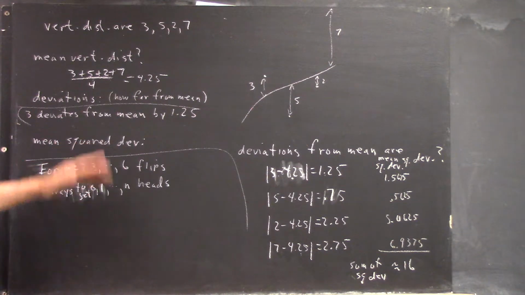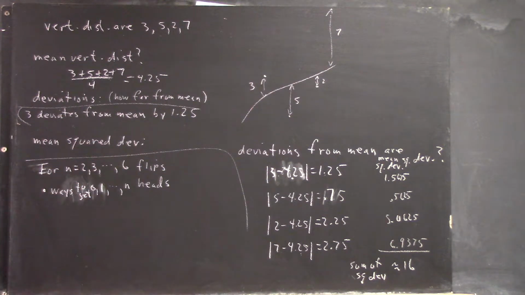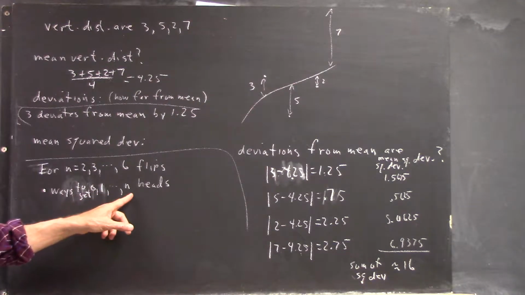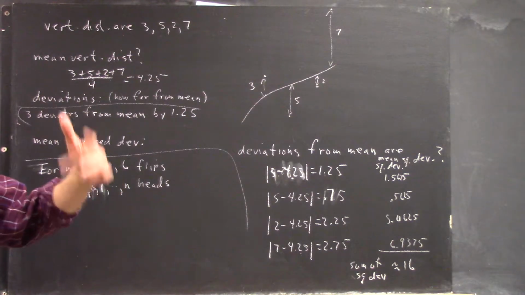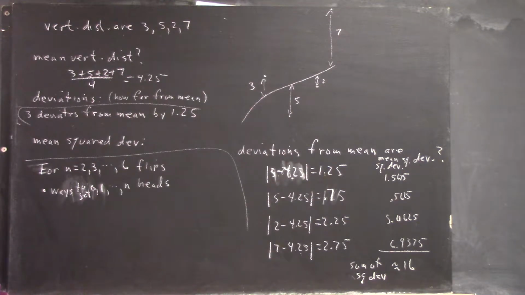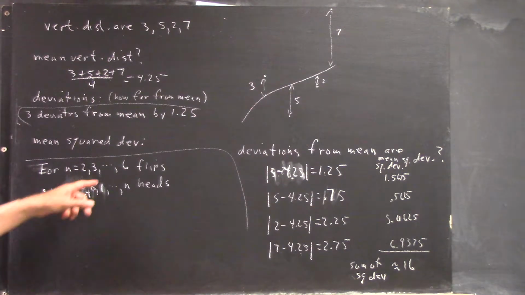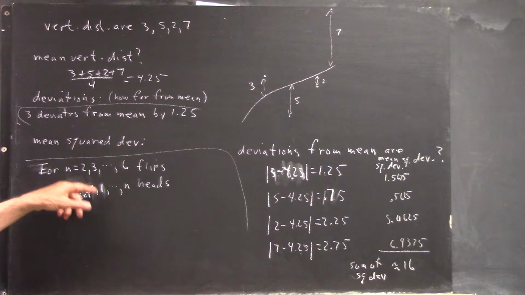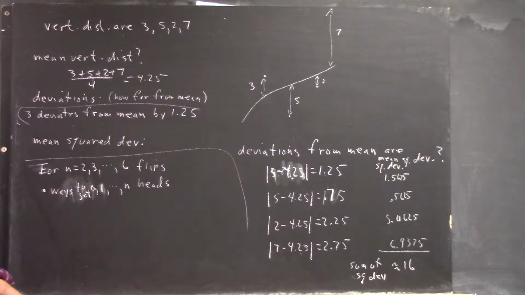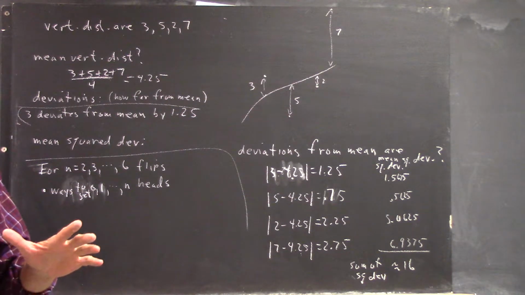After you dispose of n equals 2, you're going to do n equals 3. Well, n equals 3 means you go from 0 up through 3 heads. So 0 heads, 1, 2, or 3, right? Then if n equals 4, it'd be 0, 1, 2, 3, or 4 heads. Make sense?